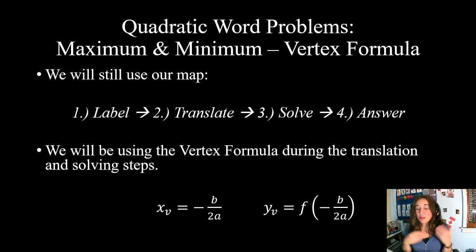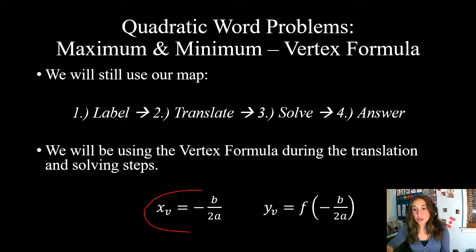Okay. So of course we're still going to use our same map, label, translate, solve, and answer. But like I said, for these quadratic word problems, we're going to be using the vertex formula during the translation and solving steps. So we learned last week that to find the vertex of a parabola, there's a really nice formula we have.